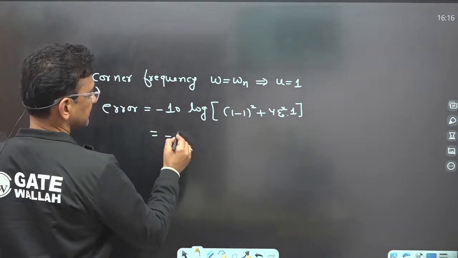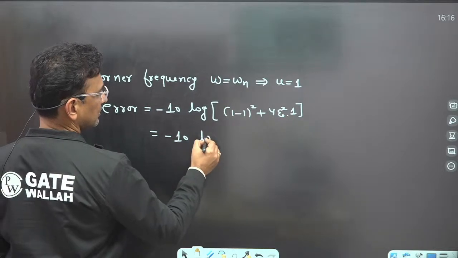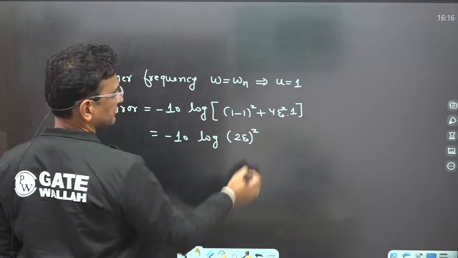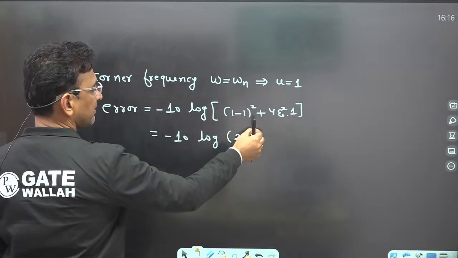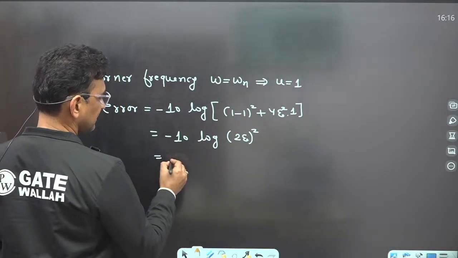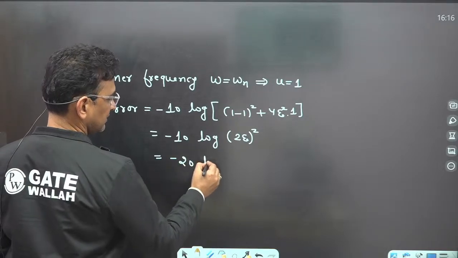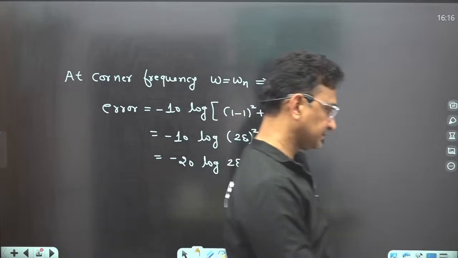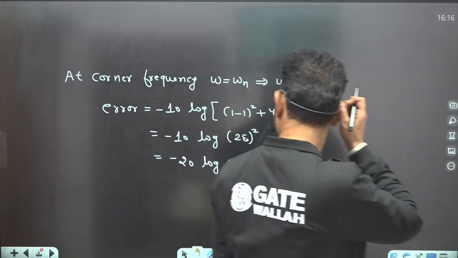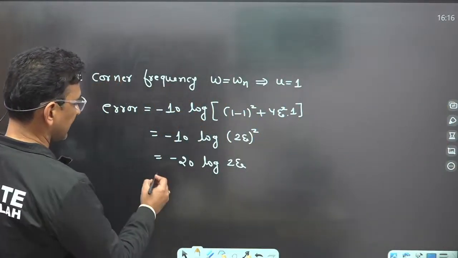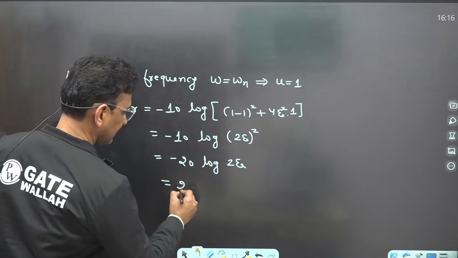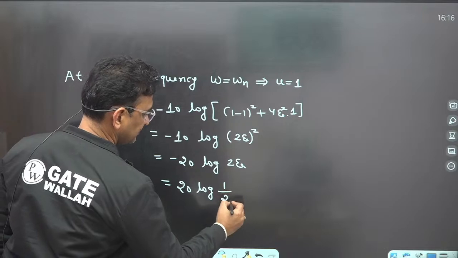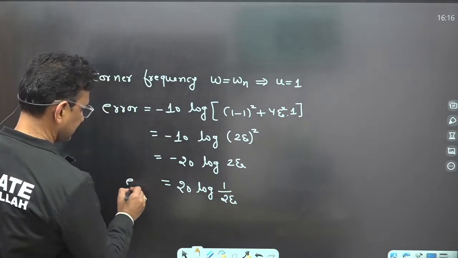So it is basically minus 10 log of 4 zeta square. Log x raised to the power n is n log x, so it becomes minus 20 log 2 zeta. Clear? So this is the error, or you can say it is nothing but 20 log 1 upon 2 zeta. This is the error.